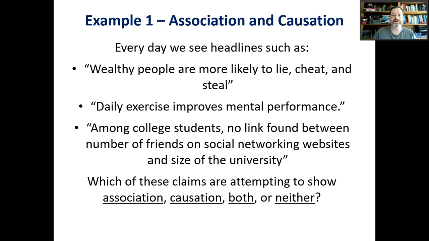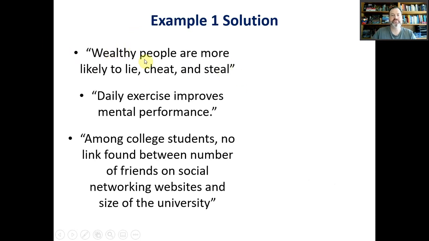All right, so let's look at the first one. Wealthy people are more likely to lie, cheat, and steal. Is that association, causation, or both or neither? It turns out this one is just association. The reason there's no cause and effect relationship here is that you can't change somebody's wealth to see if it makes them lie, cheat, or steal.